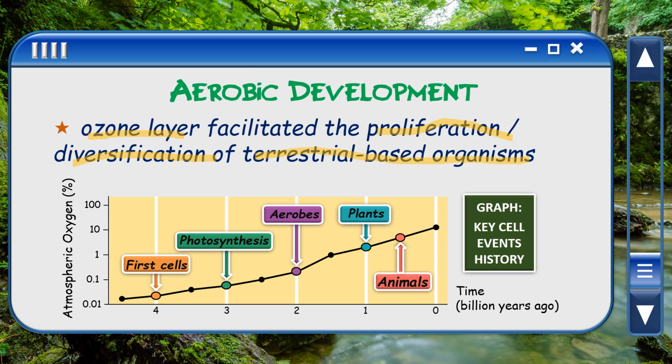Because of the formation of the ozone layer, it prevented ultraviolet light from coming onto the Earth, and this led to an increase in organisms living on land, terrestrial-based organisms.